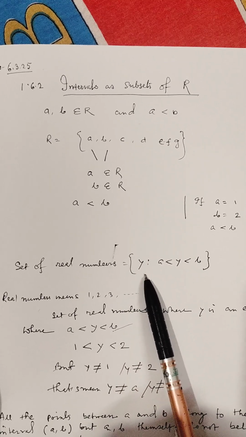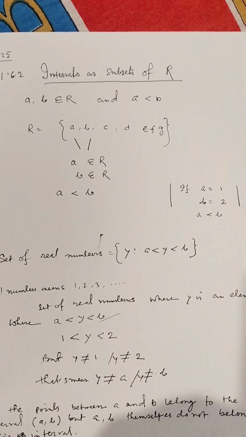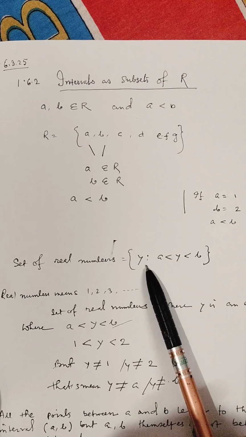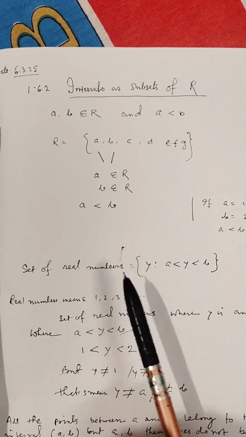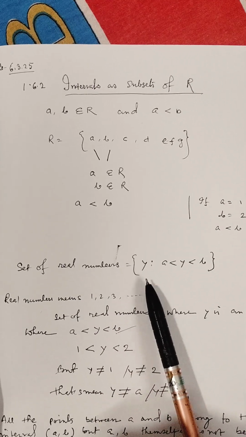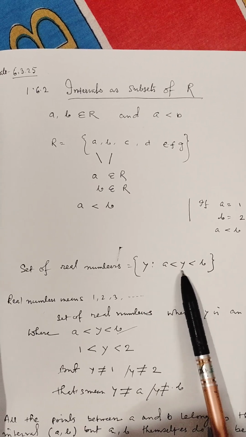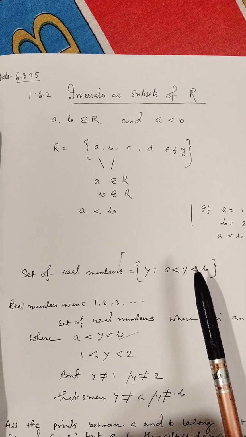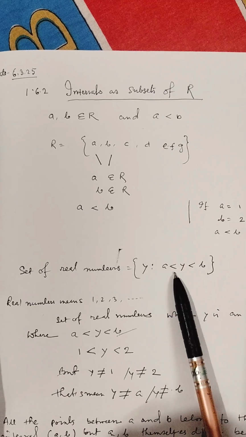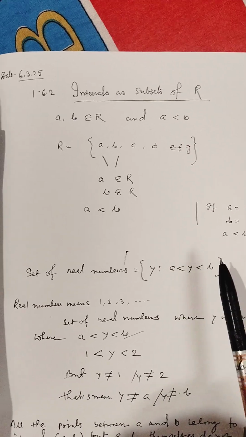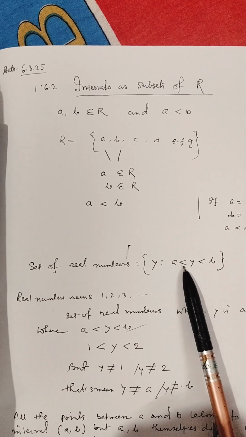That is why we can say that the set of real numbers y is such that a is less than y less than b. Y is an element of the set of real numbers, where a is less than y less than b. That means y is between a and b, greater than a and less than b.